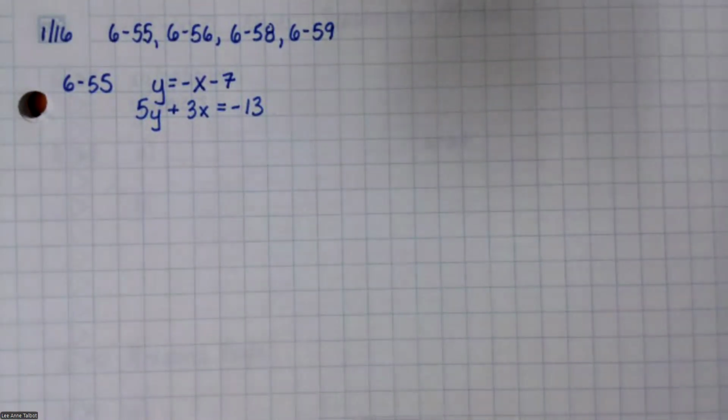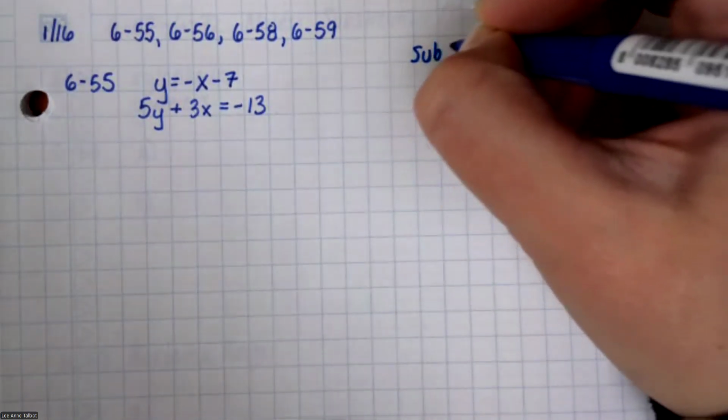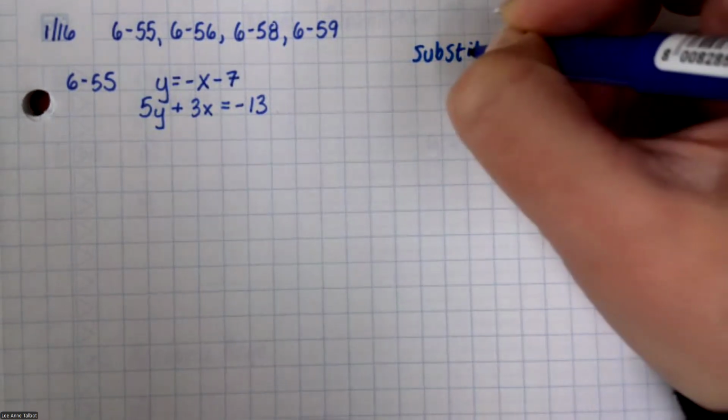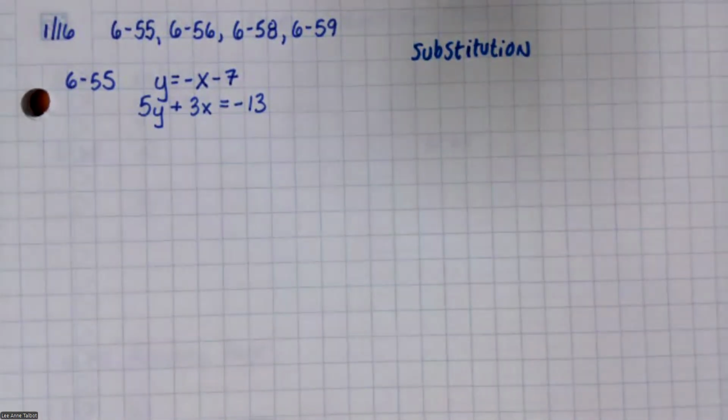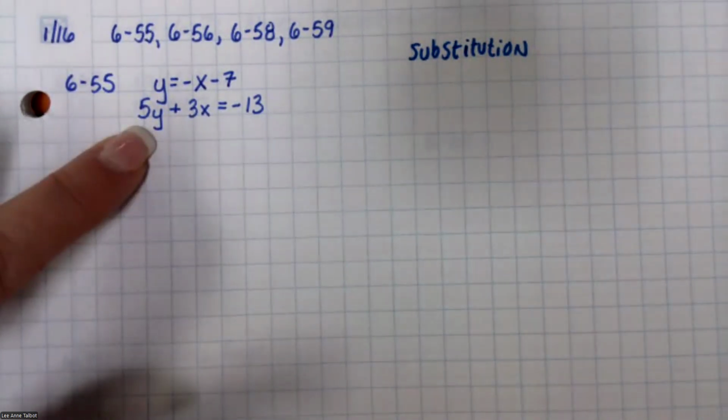Okay, so remember, how do we do substitution? So first thing I'm going to do is write this. Just in case you're flipping back through your notebook and you're looking for an example of substitution. And one of the equations is equal to y and one is not. Okay, so this is what you do.